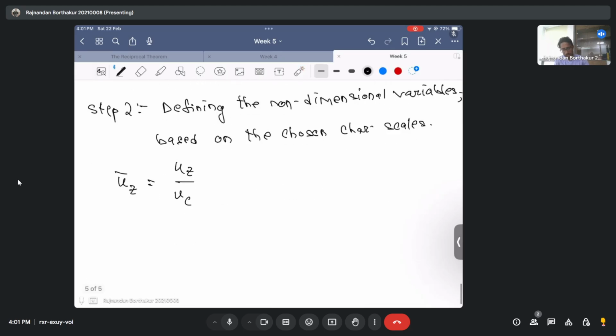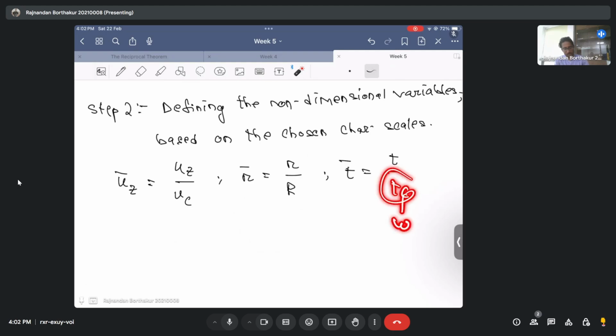Similarly, my non-dimensional radius r bar is going to be r, the dimensional radius, divided by lc, and your lc is nothing but the radius of the pipe, which is just r. And in the same way, your non-dimensional temporal variable is just t by tc, and your tc is omega inverse. So this just simplifies to omega times t.